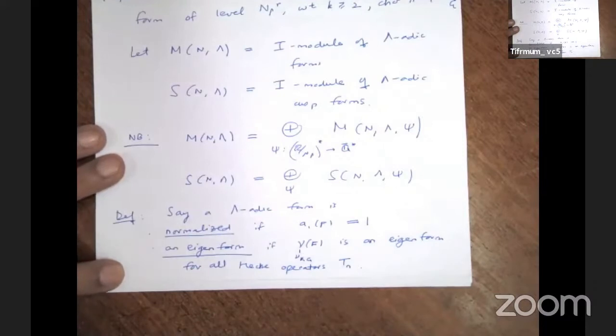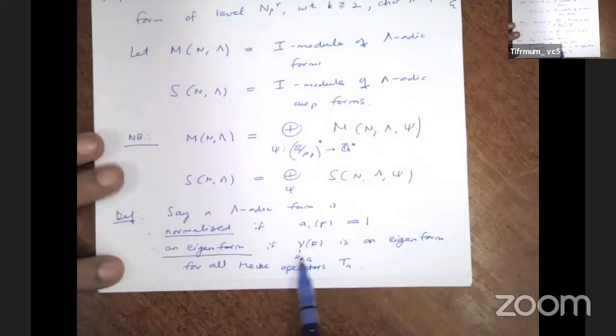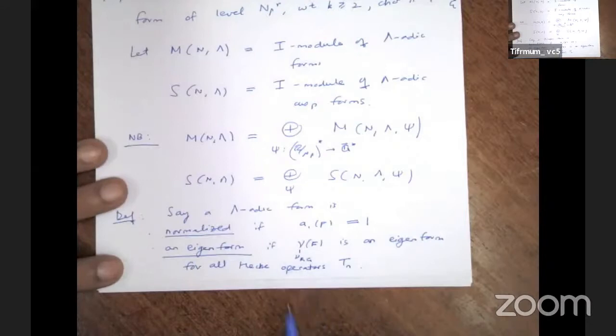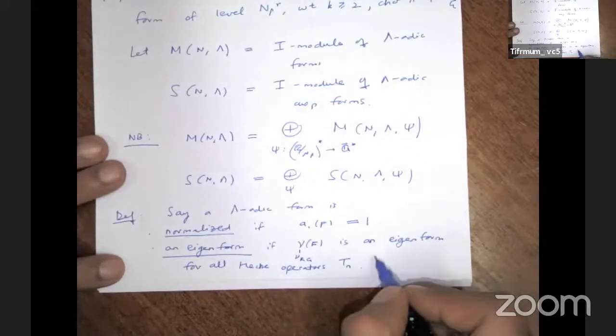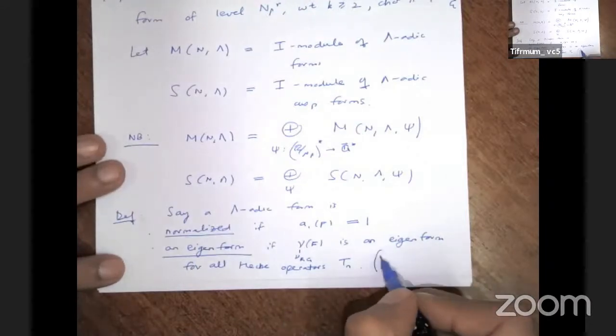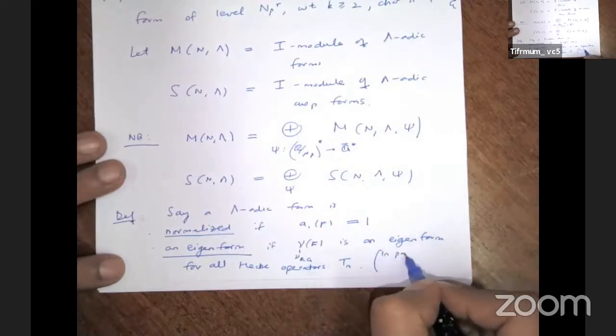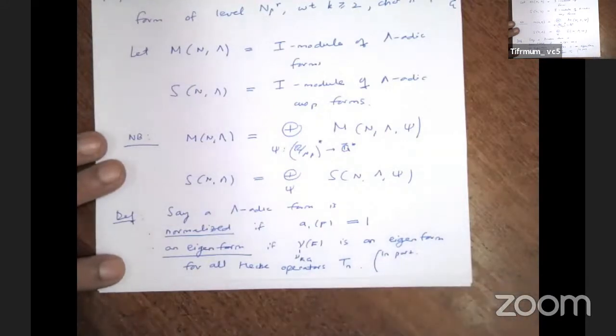Now notice that N and p are in the level. So N is definitely in the level, but p is also in the level. So I want to emphasize here, very important, in particular, the operator T_p, the p Hecke operator, is not called T_p, it's called U_p, because p is in the level.